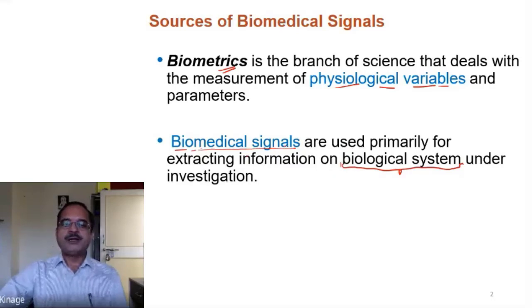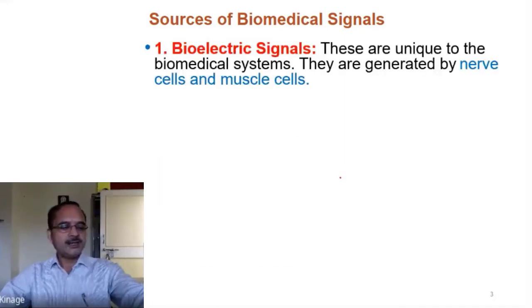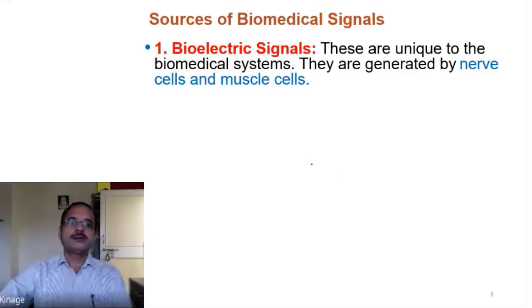So the biomedical signals are the electrical signals produced because of some biological systems which are under investigation. Now let us talk about the different types of sources of biomedical signals.